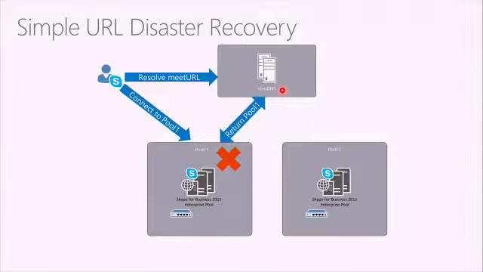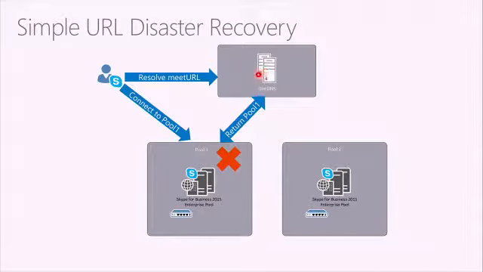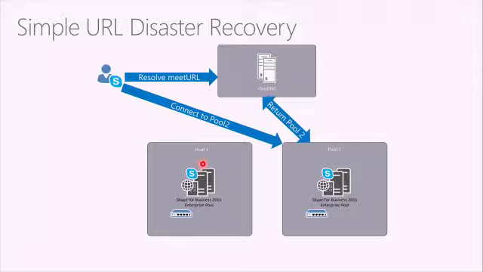That's why if you take a look here, this isn't just DNS. This is actually GeoDNS, right? So a way that we can provide resiliency for these simple URLs that state, I want to resolve the meet.contoso.com URL. Fantastic. GeoDNS says, we're going to talk to pool 1. Well, in the event that pool 1 goes down, now when we query DNS, it says, I noticed that pool 1 is down.